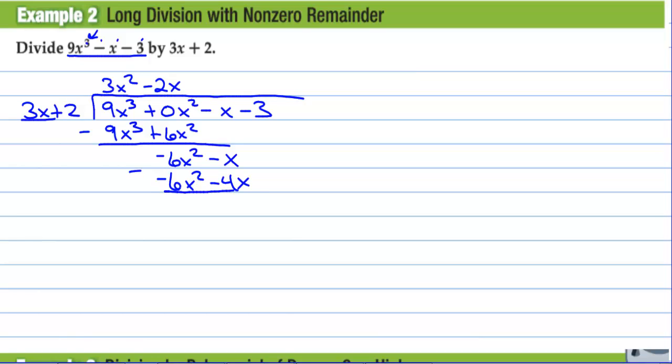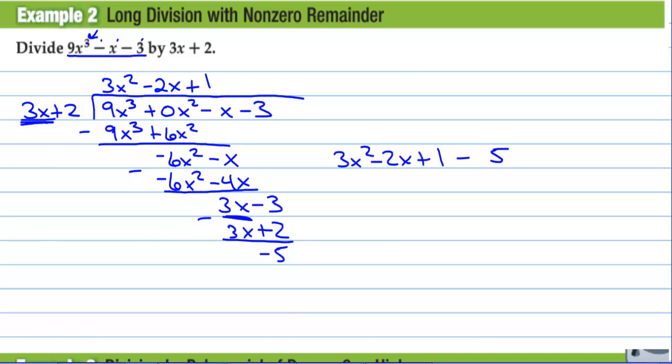We always subtract. That's 3x minus 3. Well, we multiply 3x times 1 to get 3x. We have plus 1. So we have 3x plus 2. And then when we subtract, we get negative 5. So the answer is 3x squared minus 2x plus 1, and then minus 5 over 3x plus 2.